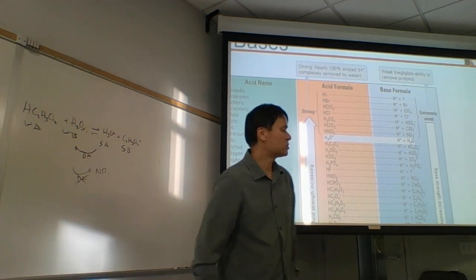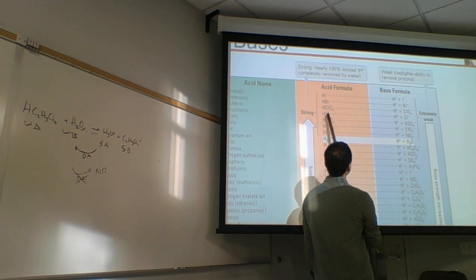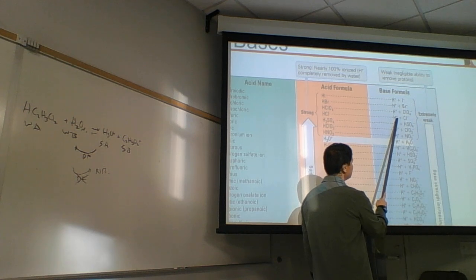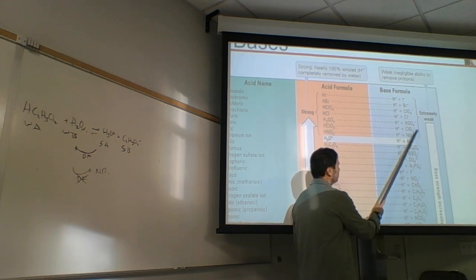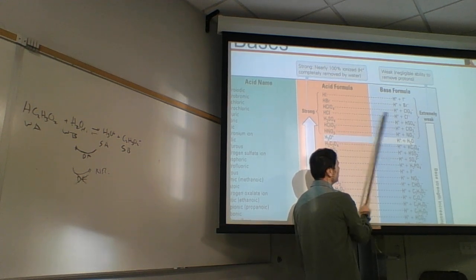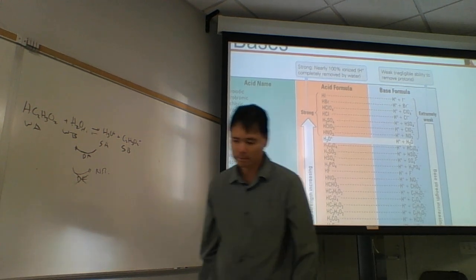And it's so weak, it doesn't really hold on to the H+. This is why we have 100% ionization, because chloride does not hold on to the H+. It's got to be weak. If chloride gripped onto the H+, then this would not have 100% ionization going forward. It wouldn't dissociate completely.